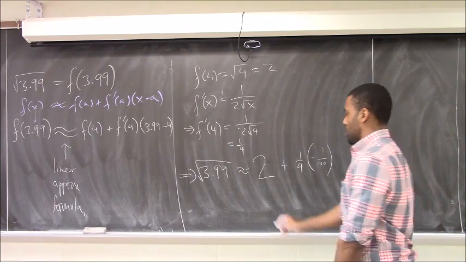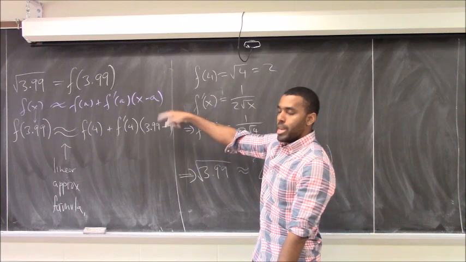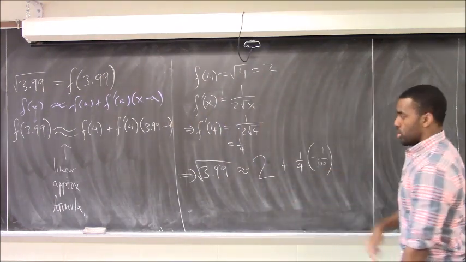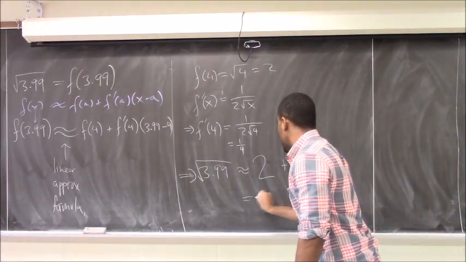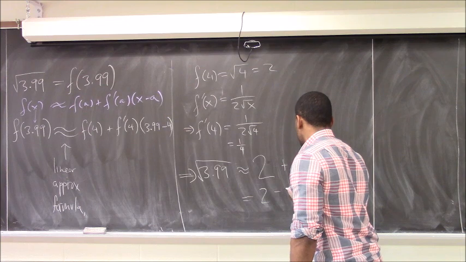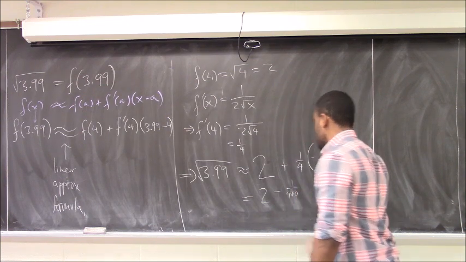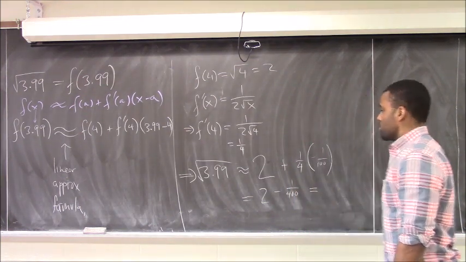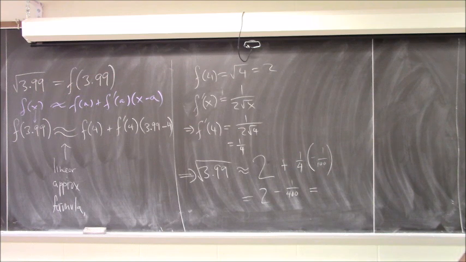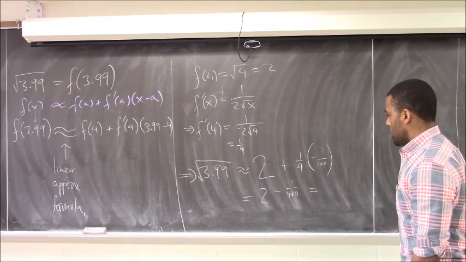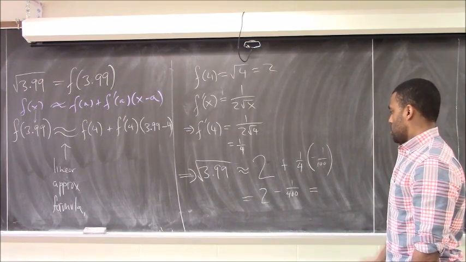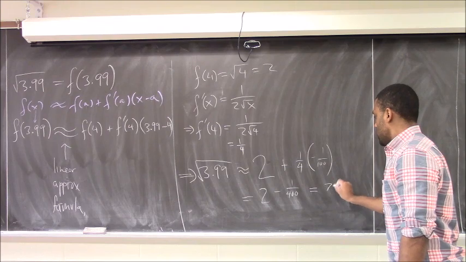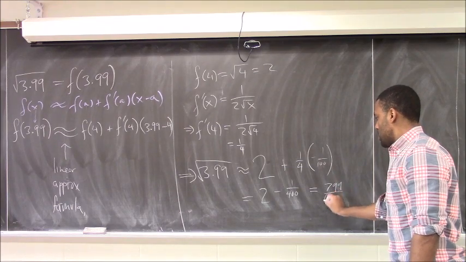Because that would be like minus 0.01, and you would get that. So this is going to be 2 minus 1 over 400. Or in other words, an approximation for the radical of 3.99 is going to be 799 divided by 400.